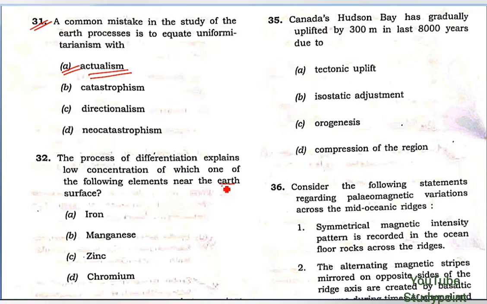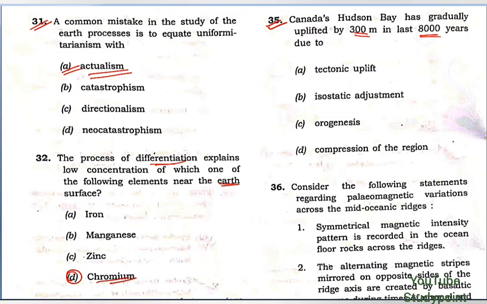Near the earth's surface means what formation found? We found chromium by the process of differentiation. Next, question number 35. Canada Hudson Bay has gradually uplifted 300 meter in last 8,000 years due to what?